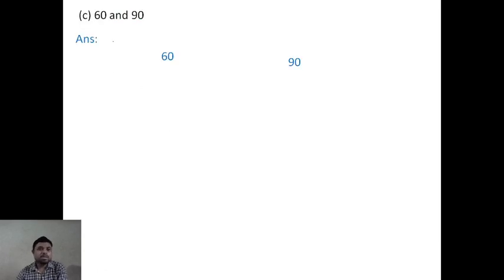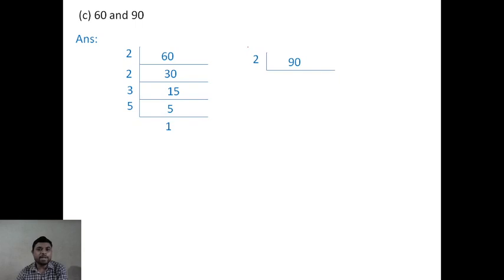Okay, now see, 60 and 90. First do the prime factorization of 60. By 2, you already learned in the last class also. 30 by 2 is 15. In the same way you can do it. Look, 90, first by 2 you can divide, 45, next it will be by 3.